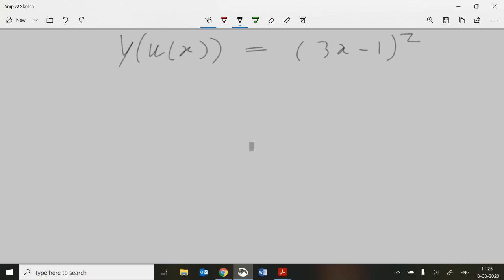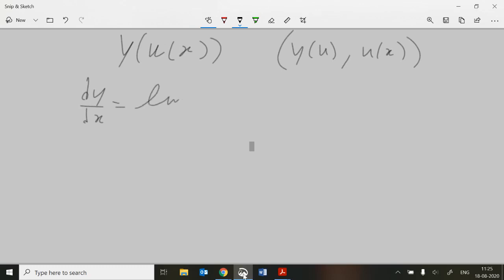Okay, so y is a function of u, and in turn, u is a function of x. Well, if we set that one up, the 2 functions we're considering here are y of u and u of x. Now, if we want to find out what dy dx is here, the definition is to say, let's take delta x, our small change in x, to 0 for delta y over delta x.